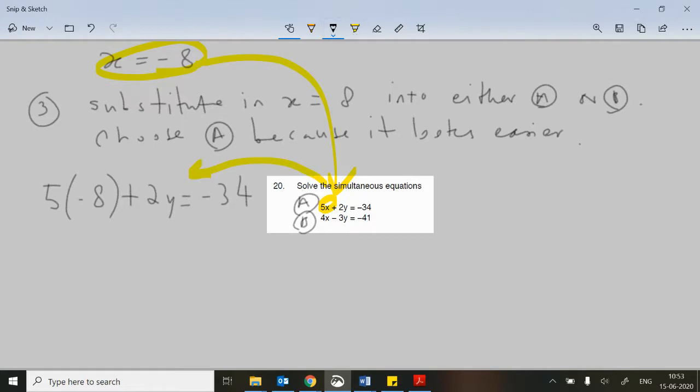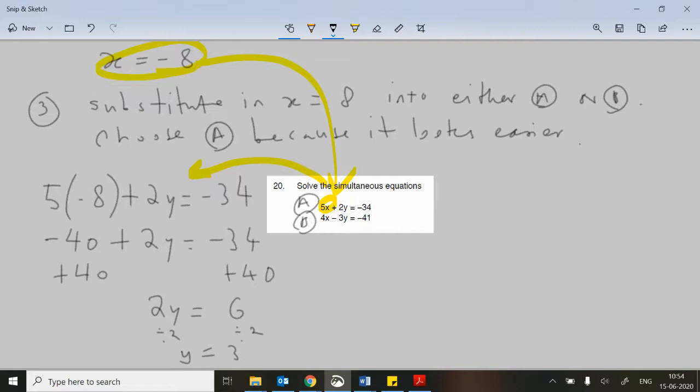Okay, so now we've got 5 times -8 is -40 plus 2y equals -34. Now I'm going to plus 40 onto both sides to undo the -40. Plus 40 onto both sides gives us 2y is equal to +6. And then we're going to divide by 2 on both sides, and we'll get y is equal to 3.